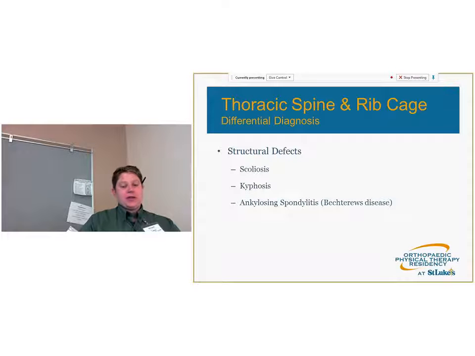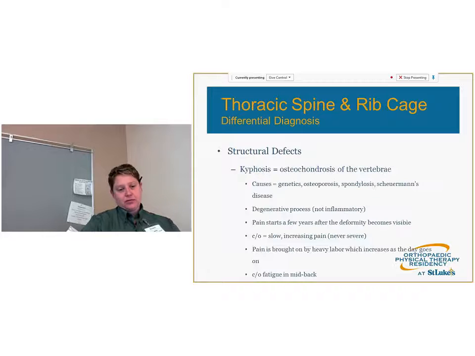Structural defects that could lead to some issues in the rib cage: scoliosis, which we're all familiar with, kyphosis, and ankylosing spondylitis. Kyphosis, more when we're talking about Scheuermann's disease, it's more of a degenerative process. It's not inflammatory. Some signs and symptoms: the patient will actually start with pain after a few years of the deformity being visible.